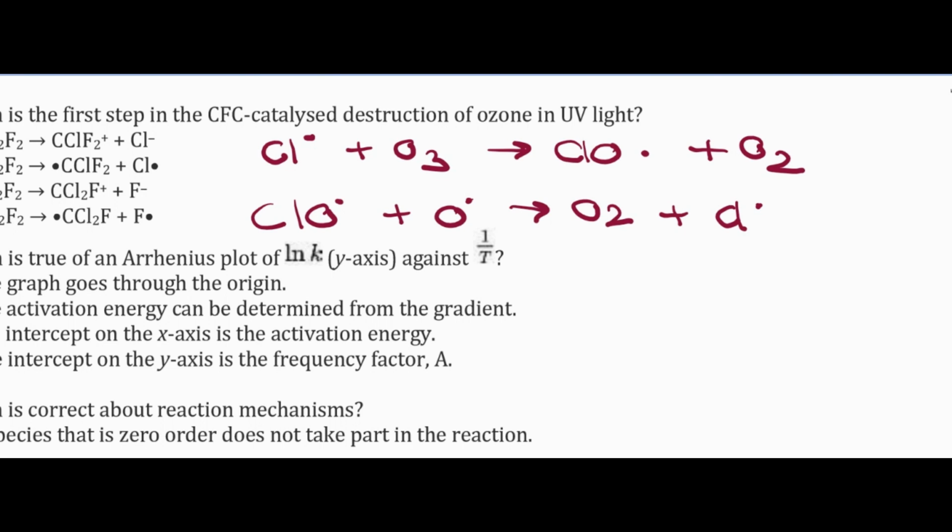You may be asked in other paper 2 questions to write out the steps for the catalysis of ozone depletion, and that's either for chlorofluorocarbons, but also for nitrogen oxides. So make sure you memorize these and you know what's happening. Also note that all reactions occur in the gaseous phase.